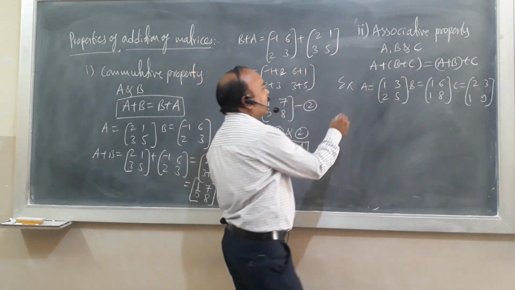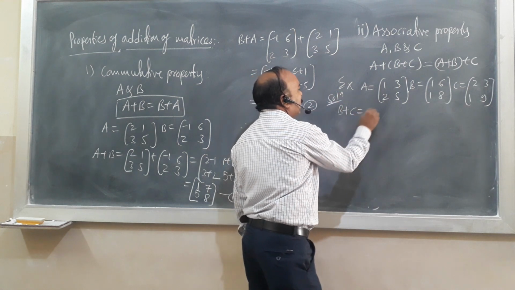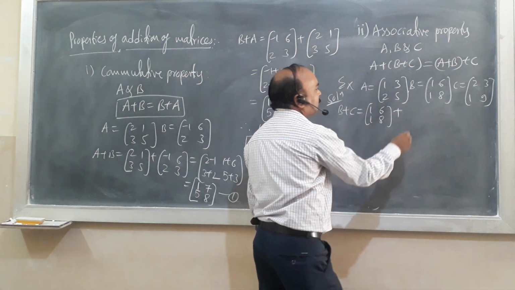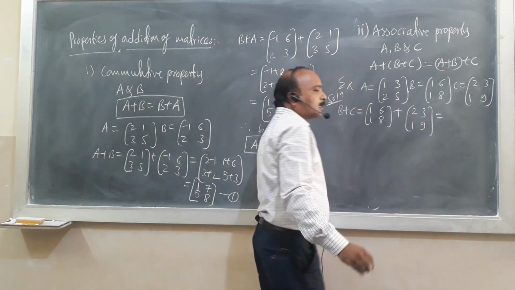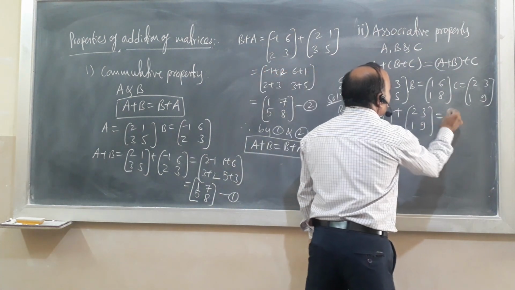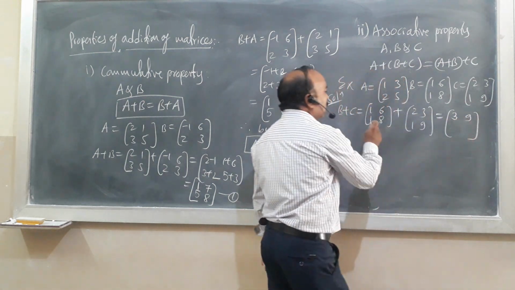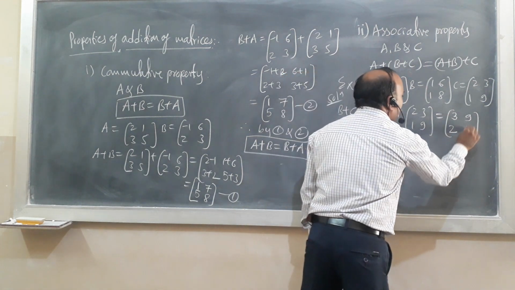For that, first we calculate B plus C. B plus C is given by 1 6 1 8 plus 2 3 1 9. So our answer is 1 plus 2, it is 3, 6 plus 3 is 9, 1 plus 1 is 2, 8 plus 9 is 17.